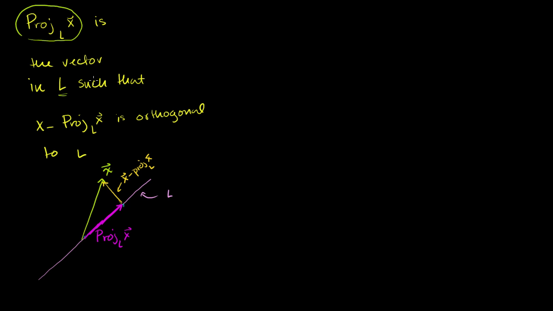Now, what's a different way that we could have written this? We could have written this exact same definition. We could have said it is the vector v in L such that x minus v, right?